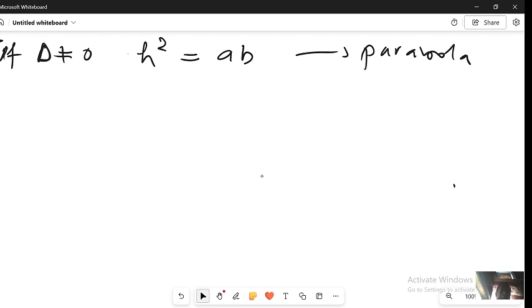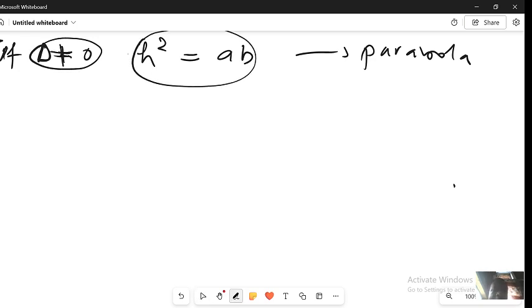Now when the question is given to us, first of all we determine the delta. We'll see if our delta is different from 0. Now we'll compare, is h square equal to ab. If they are equal, then that is a parabola. Now we give the nature.